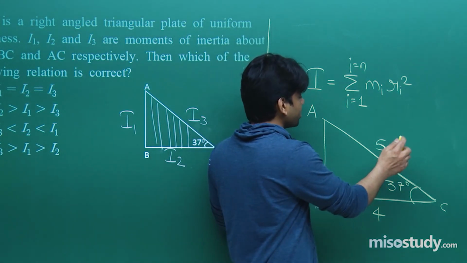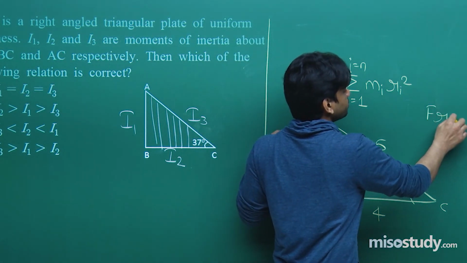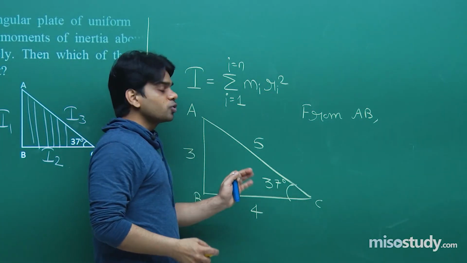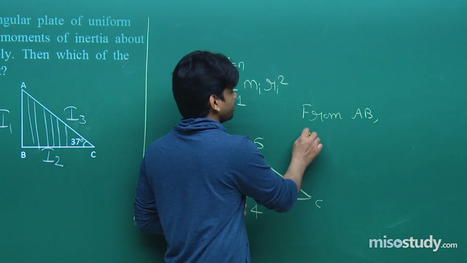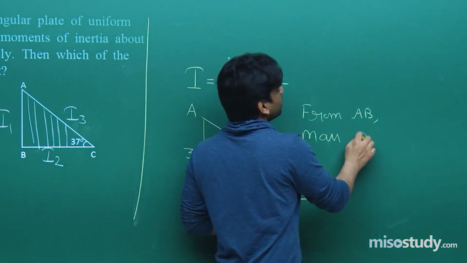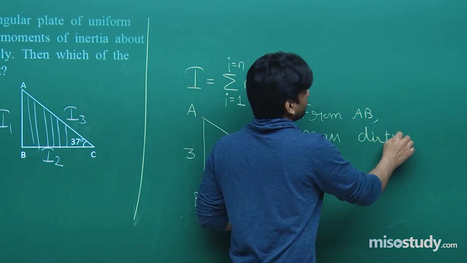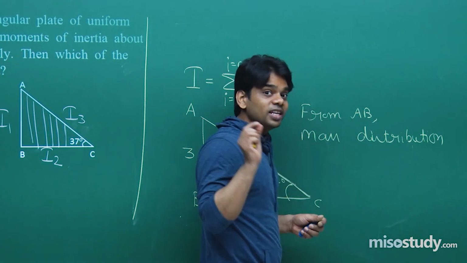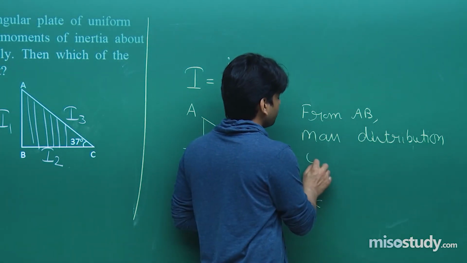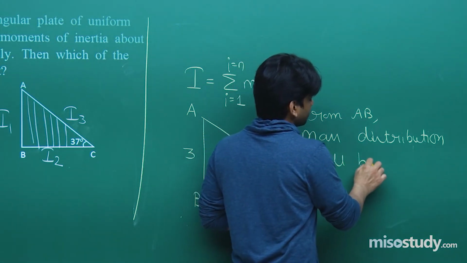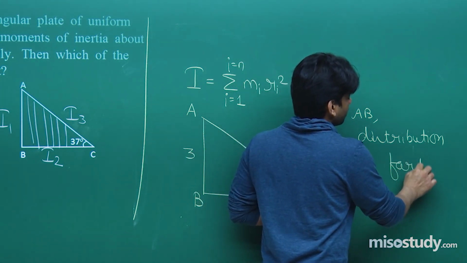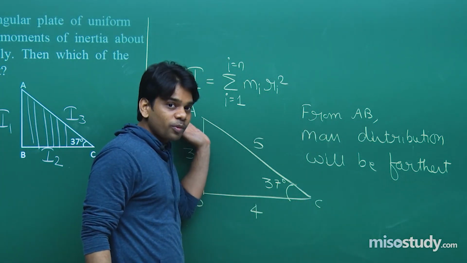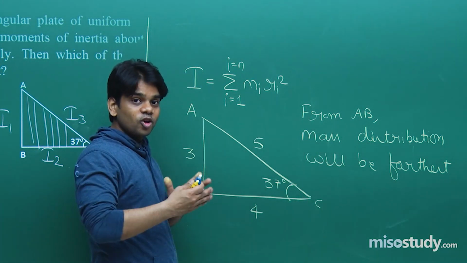Now see, if I write this statement, from AB, mass distribution will be farthest, as it is the axis of least size. Next you see, from AC, this is the axis of the longest length.